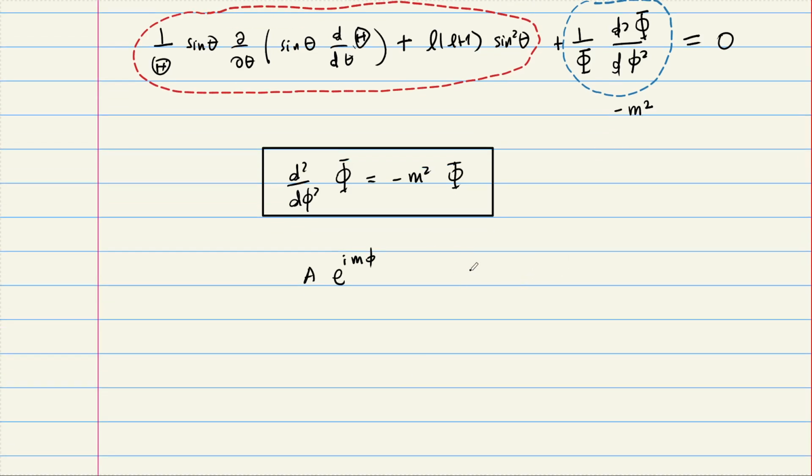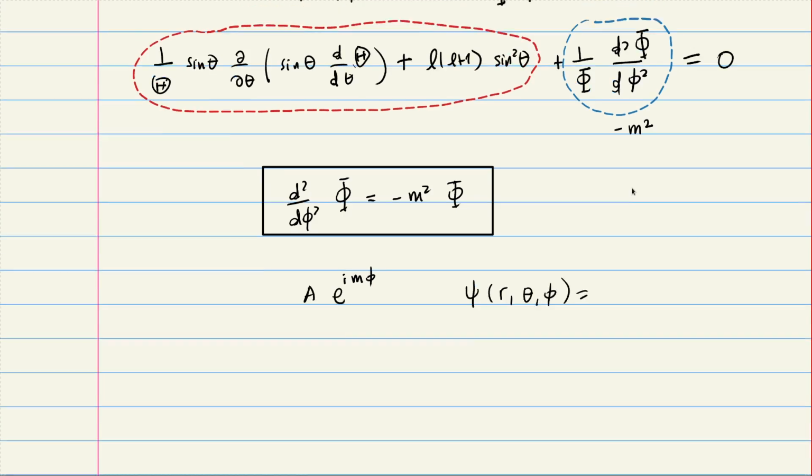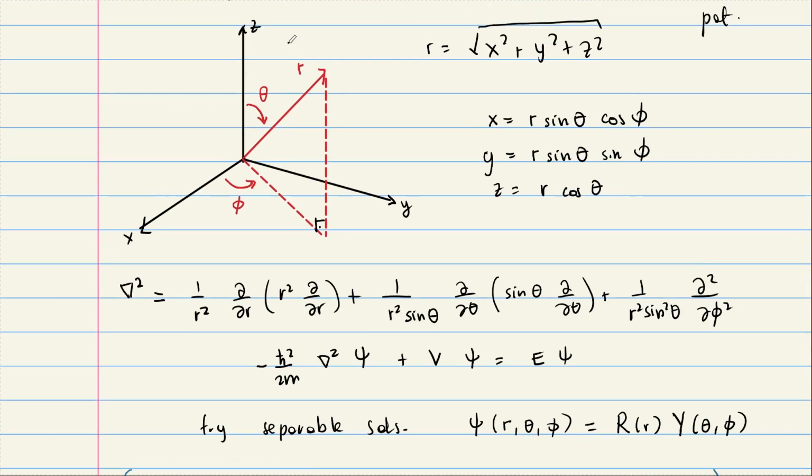And the boundary condition, what is the boundary condition? Psi is a function of r, theta, and phi. When in these coordinates I go around and come back to the same point, psi should be single valued. I should not go to some other value. Multi-valued functions are bad.